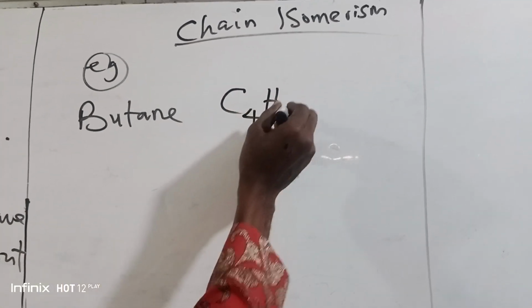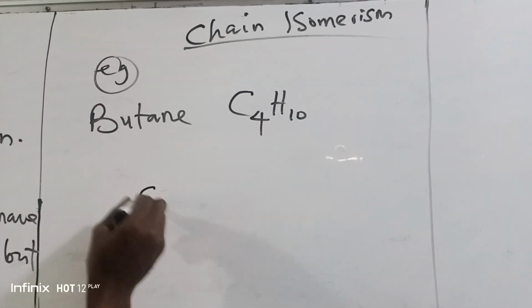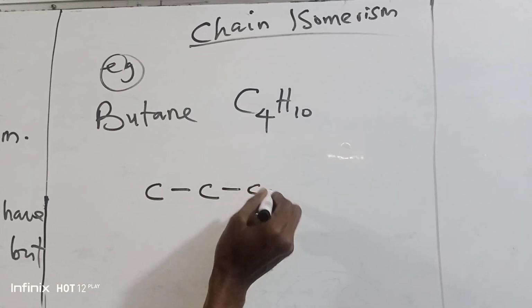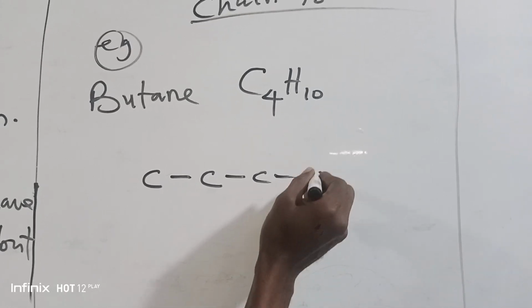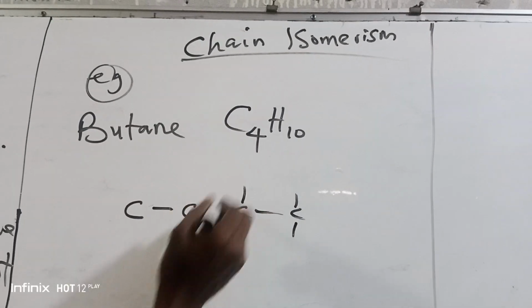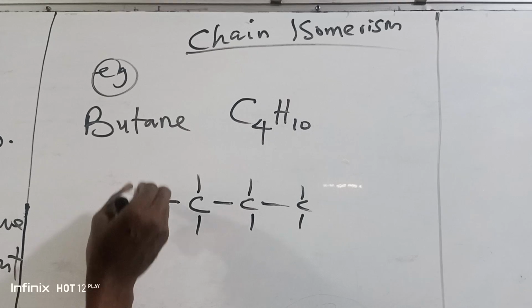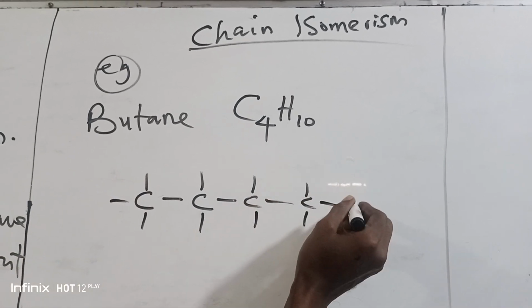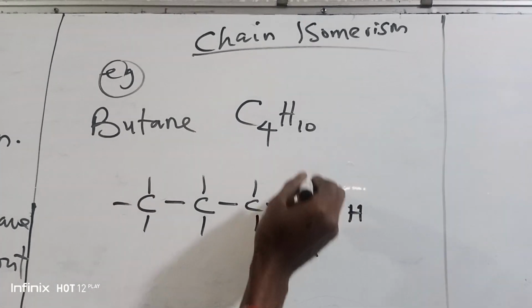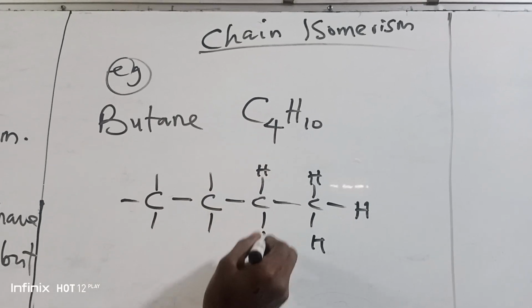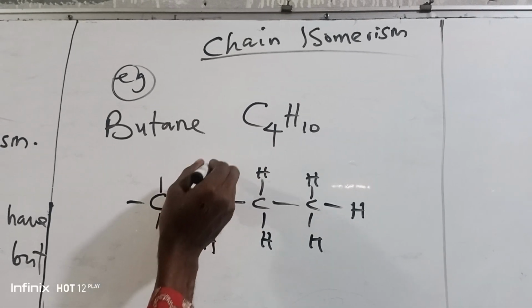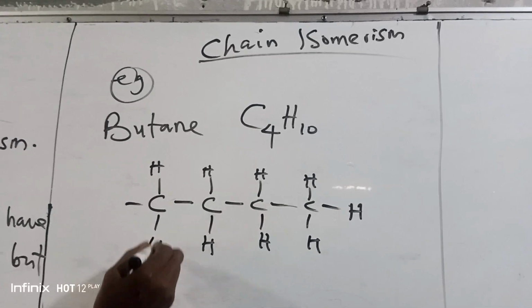C4H10, written as C1, C2, C3, C4, with hydrogen atoms 1, 2, 3, 4, 5, 6, 7, 8, 9, and 10. So you can see that we have 10 hydrogen atoms to 4 carbon atoms.